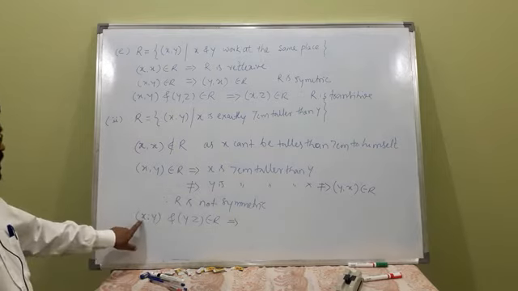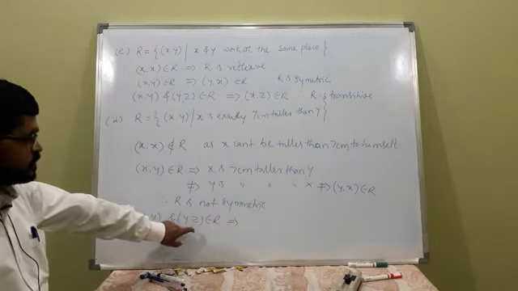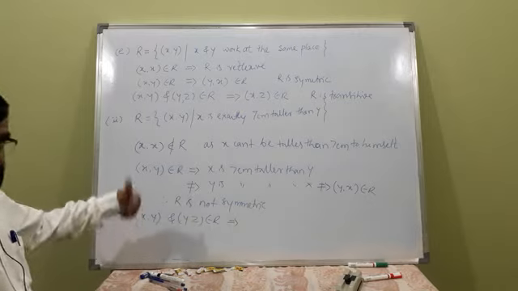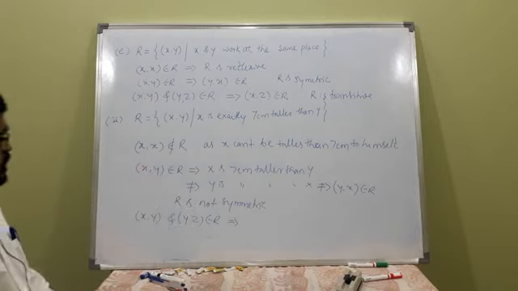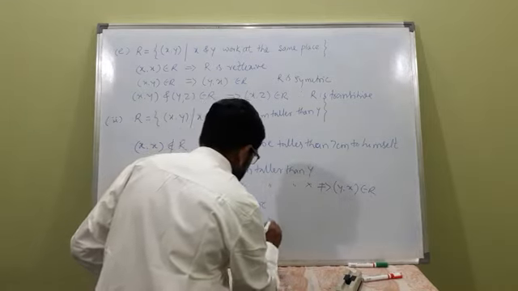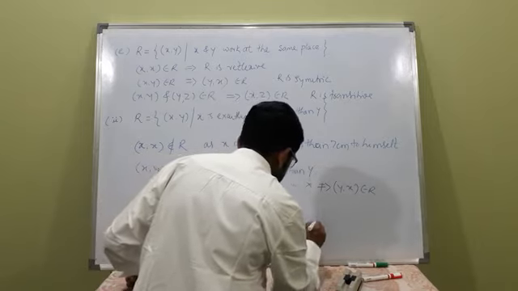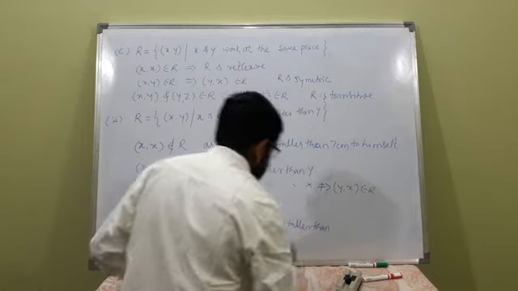If x is 7 centimeter taller than y and y is 7 centimeter taller than z, means x is 14 centimeter taller than z.